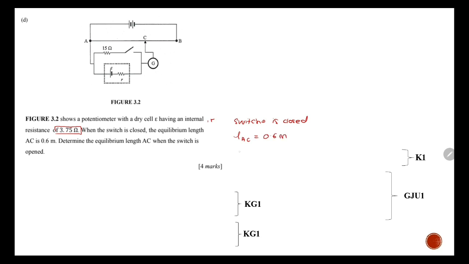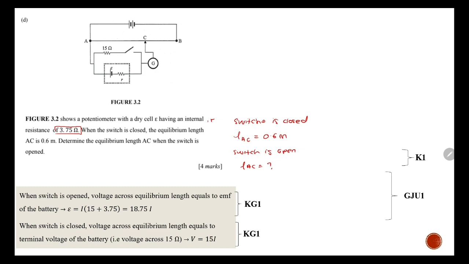Determine the equilibrium length when the switch is open. What we have to know is that when the switch is open, the V across the equilibrium length, VAC, is equal to the EMF of the battery.